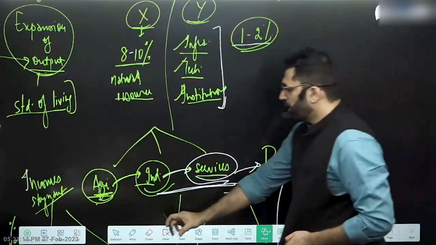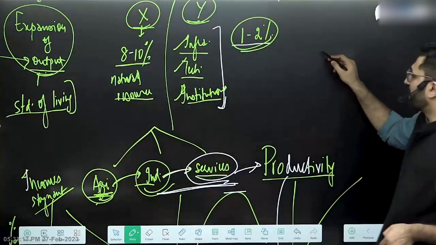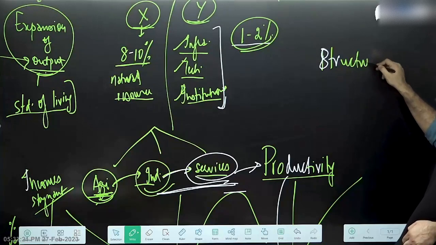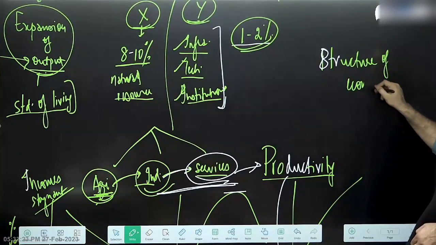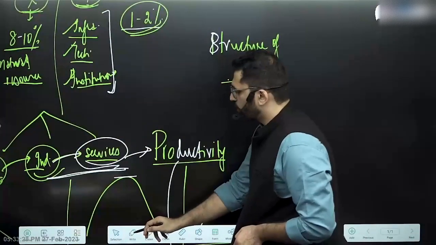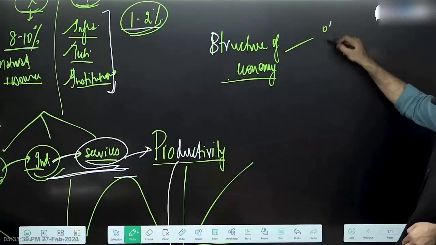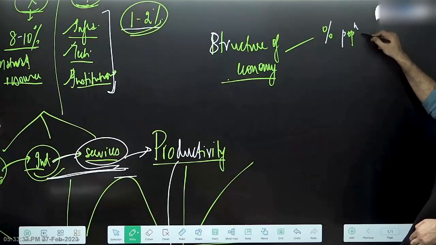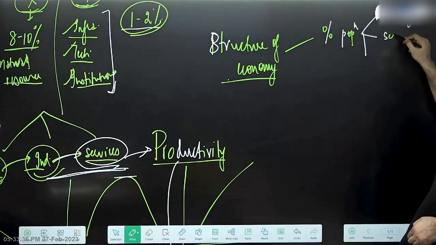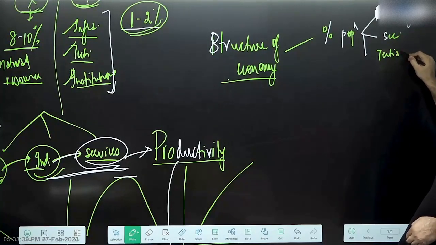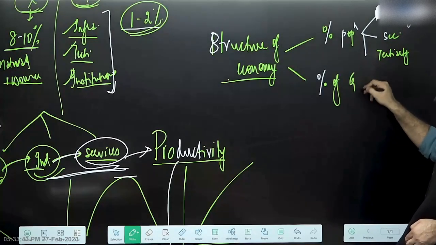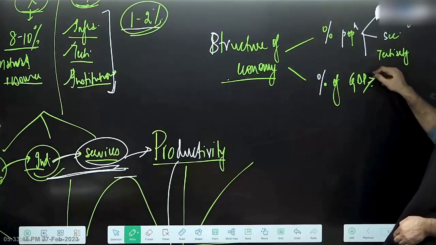So the difference is what exactly the structure of the economy is. That is, what is the percentage of population in primary, secondary and tertiary, and what is the percentage of GDP coming from these three sectors.